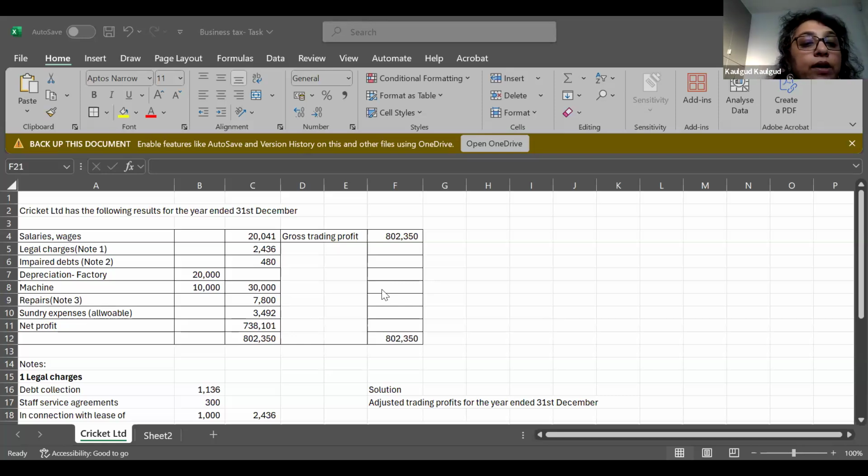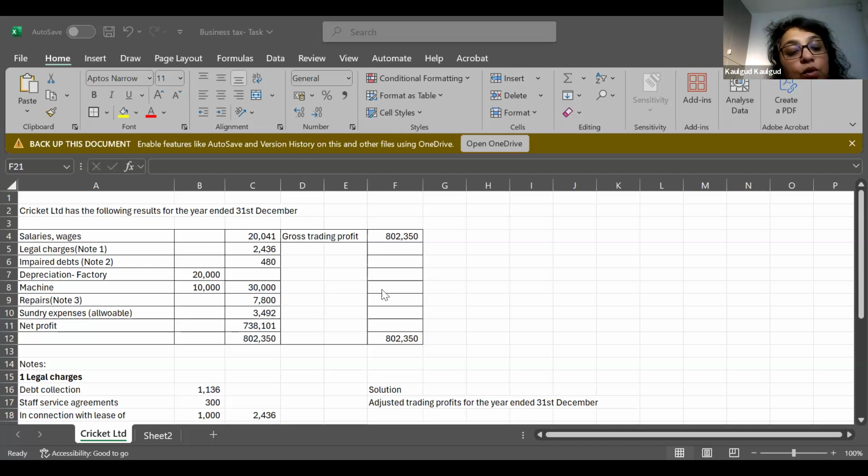Right. So what are we doing here now? Based on the knowledge that we have just learned, I have a sample question here, which shows salaries, legal charges with a note, impaired debts with a note. Impaired is basically a bad debt. Depreciation, of which is on factory and machine.